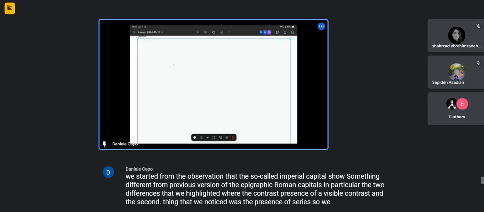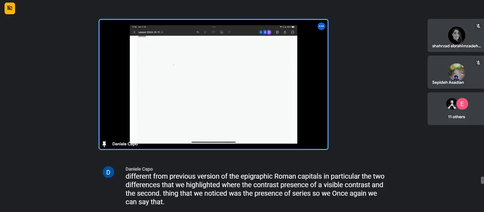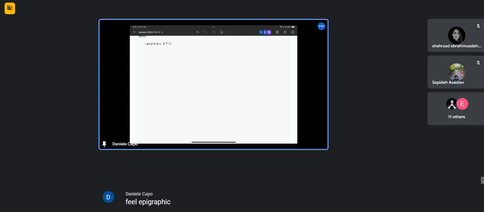So once again, we can say that imperial epigraphic capitals have one contrast and two serifs. Okay.